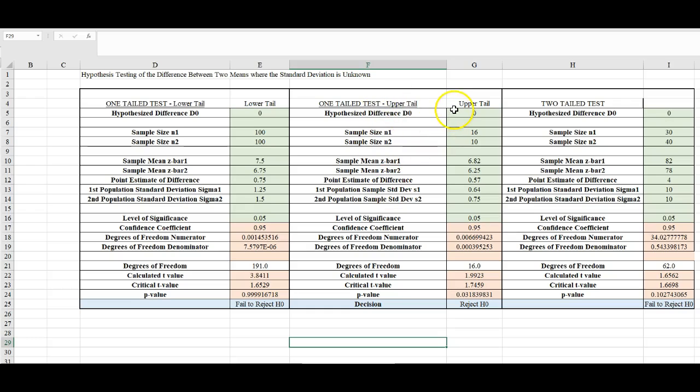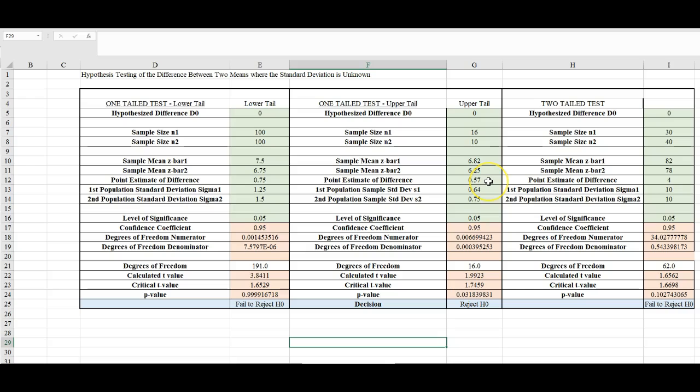We want to know if that difference is greater than 0. So the hypothesized difference in this case is 0. And I put in the information for the 2 sample sizes and the sample means.